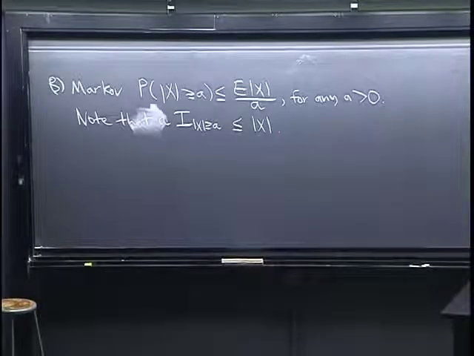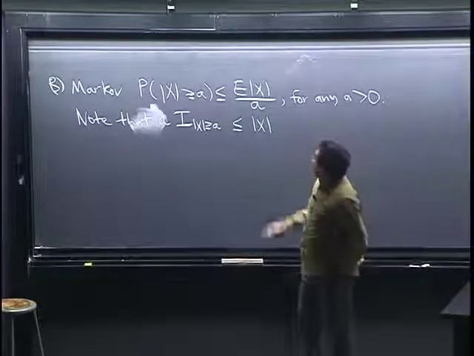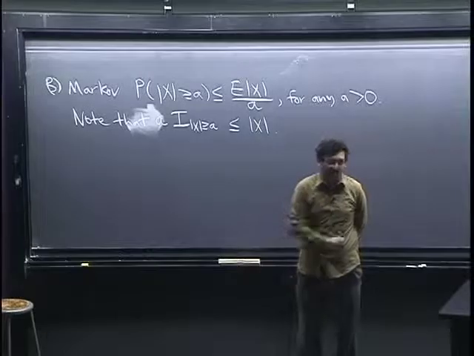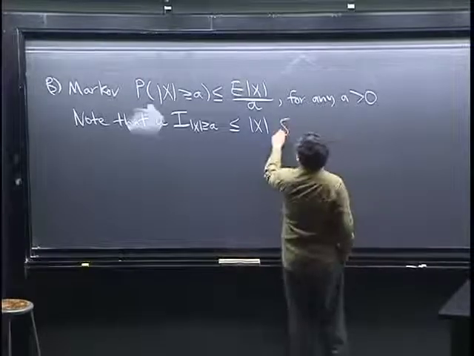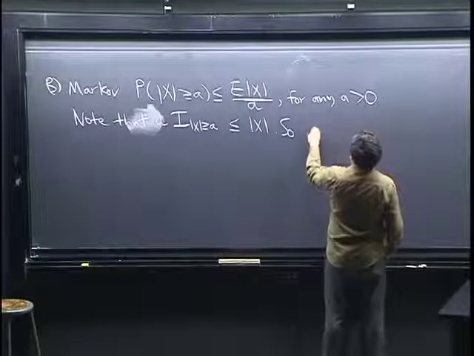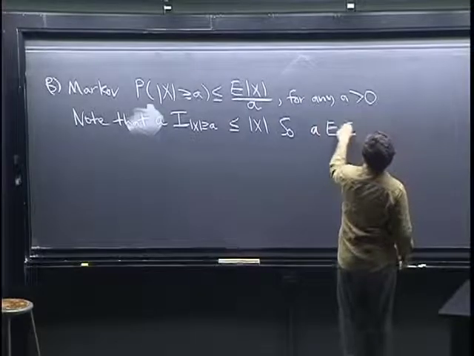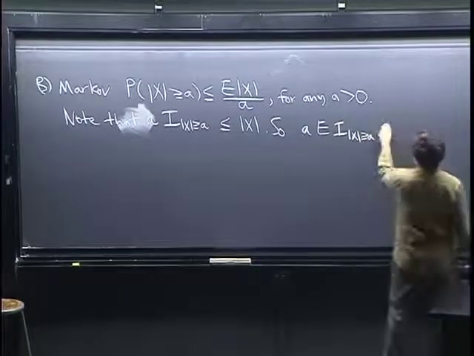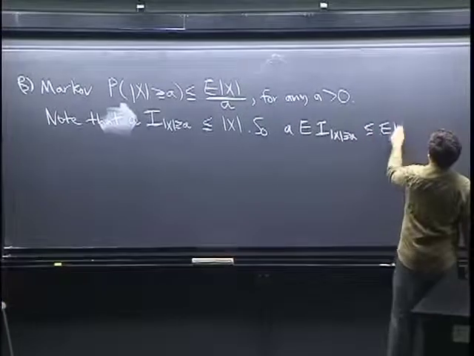Once you recognize that this is less than or equal to this, then Markov's inequality just follows by putting E on both sides. So the expected value of this indicator, take out the a, which is a constant, is less than or equal to E of x.